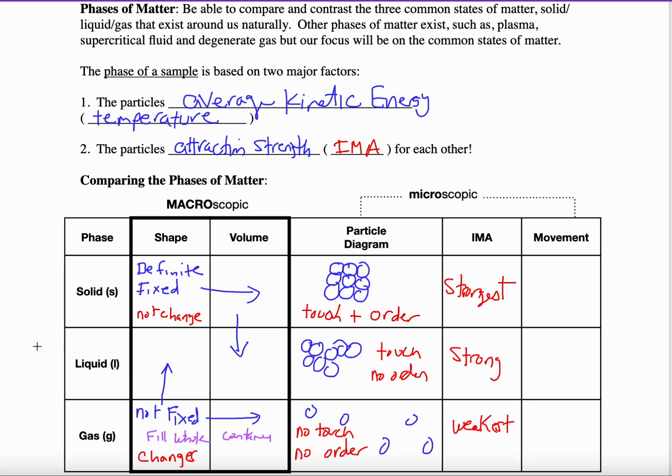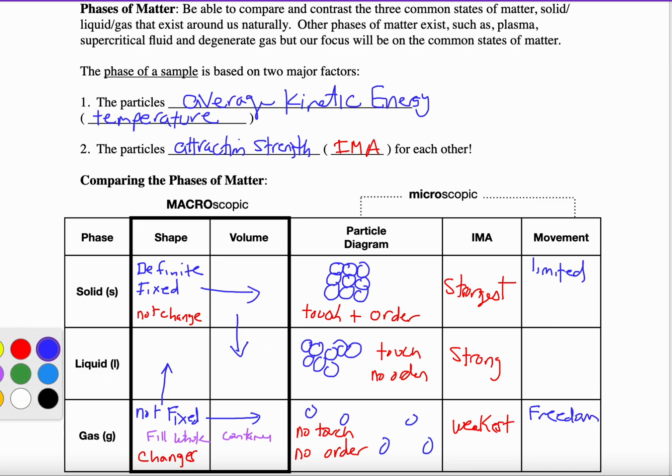So what that leaves us with here is the movement within a sample. So the attractions are so strong between the particles within a solid, the movement is very limited. Whereas in a gas, the IMAs are extremely weak, no order, no touching, so they pretty much have complete freedom in their movement.